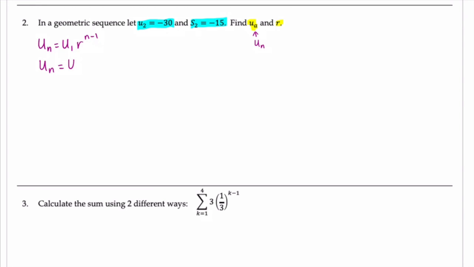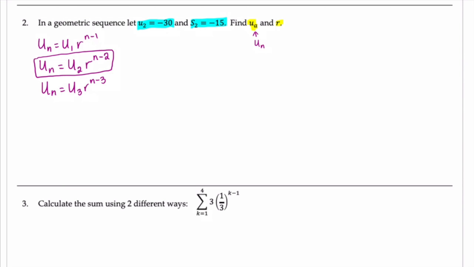Instead of using the first term, I'm going to use the second term. And I can manipulate the formula in that way. And the pattern will continue. I could use the third term first and have r raised to the n minus 3. But what we are going to use is this one right here, since we do have the second term.